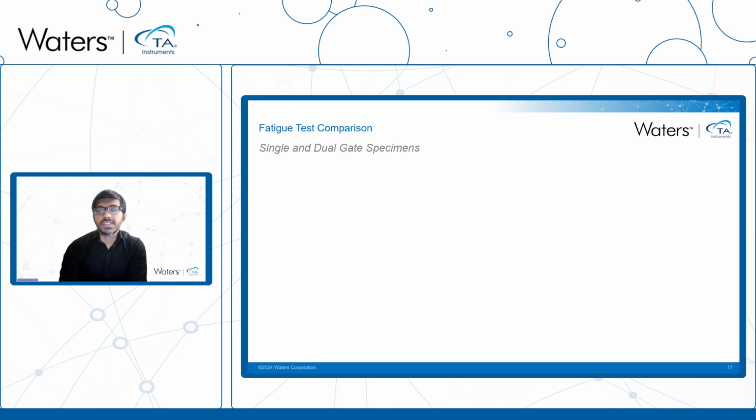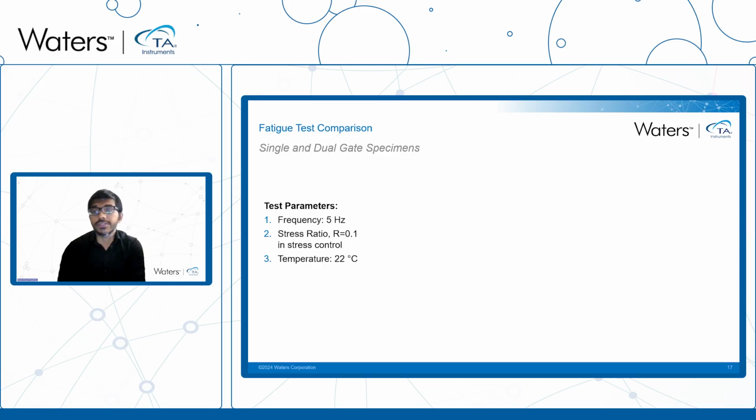For this analysis, we have performed fatigue tests on a single-gate and a dual-gated specimen, both to generate the S-N curve for both of these materials. The testing was performed on a tensile bar specimen using an ElectroForce 3300 instrument at a frequency of 5 Hz at 22 degrees Celsius.